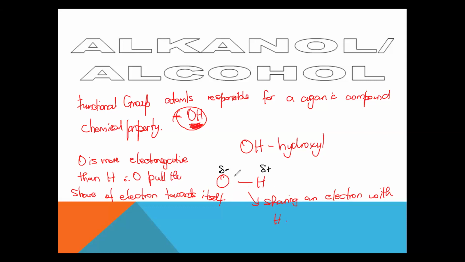So let's go. Oxygen is more electronegative than hydrogen. So this means oxygen is a bully. It takes this pair of shared electrons. So this electron that's being shared, oxygen pulls this pair of electrons towards itself.